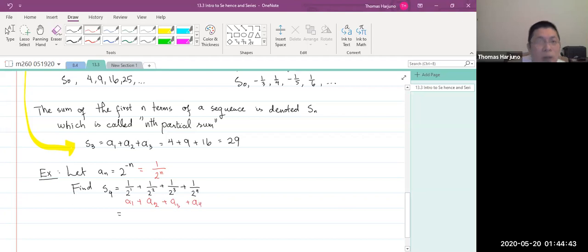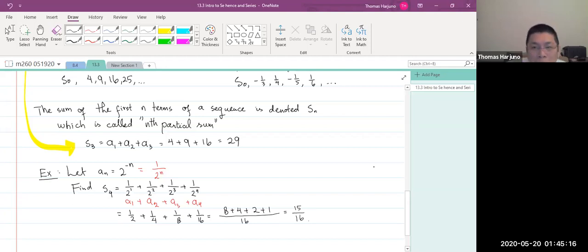Now this is 1/2 plus 1/4 plus 1/8 plus 1/16. The LCD is 16: 8 plus 4 plus 2 plus 1 equals 15 over 16.